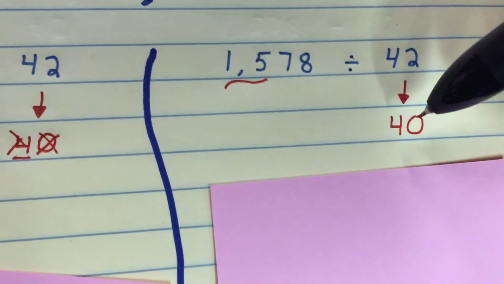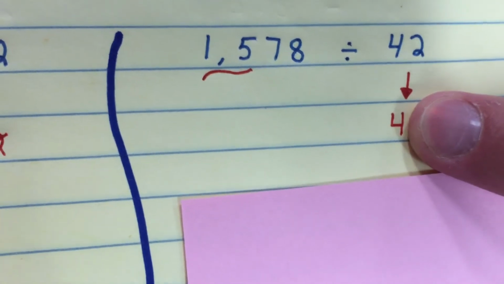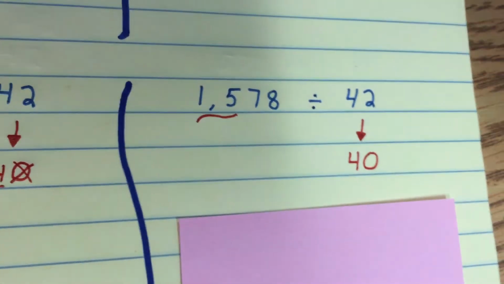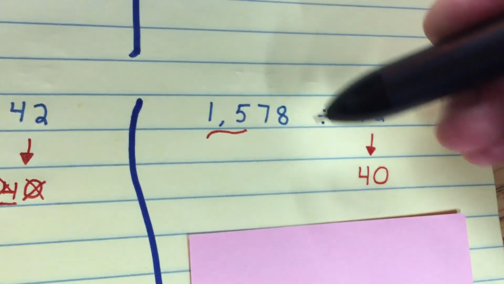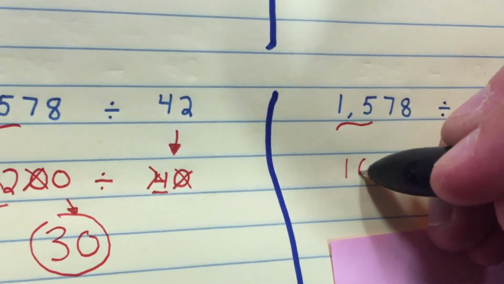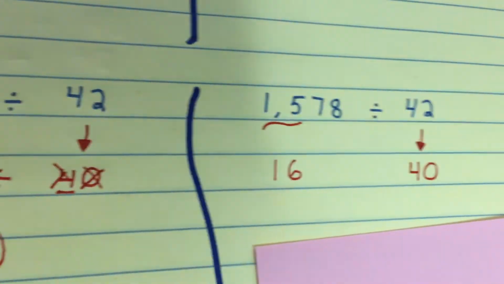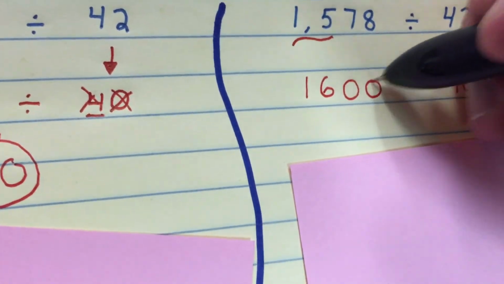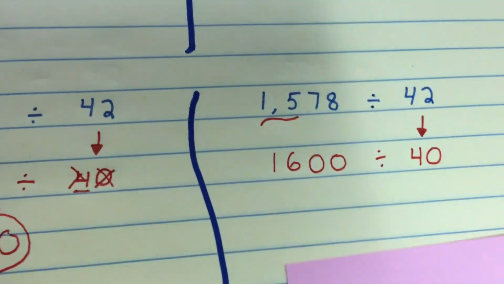Remember, you want to ignore this 0 because you're just focusing on the 4, because we can add all those zeros or take away those zeros later. I'm thinking 4 times 4 is 16, and 16 is very close to 15, and the 7 and the 8 become zeros. Because remember, we're estimating with compatible numbers.